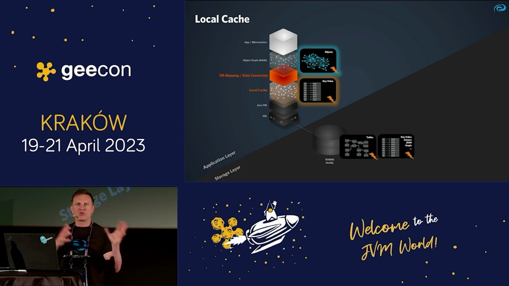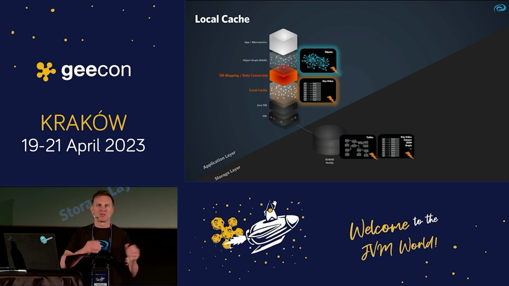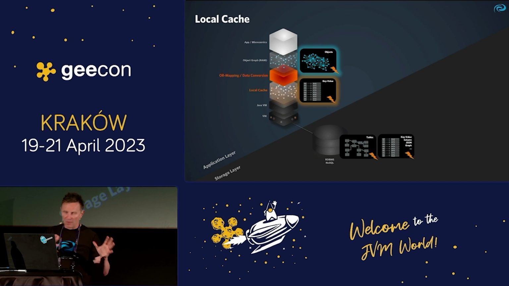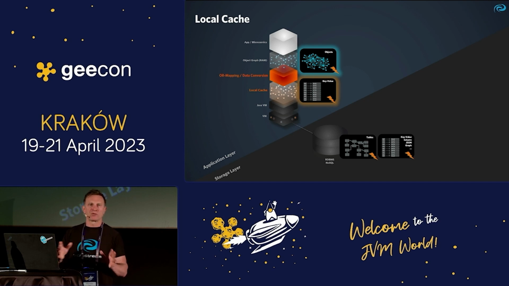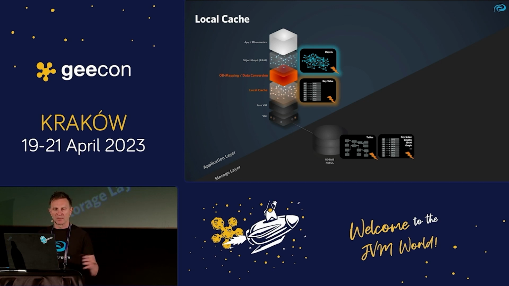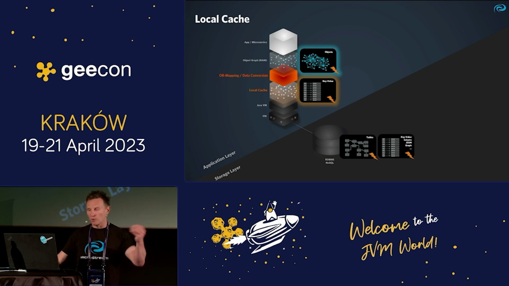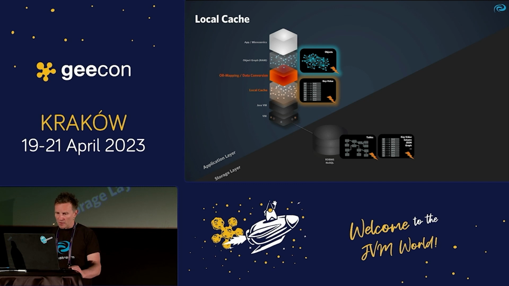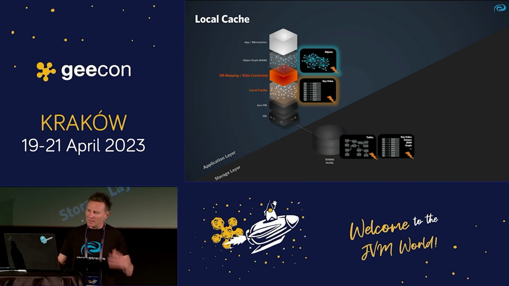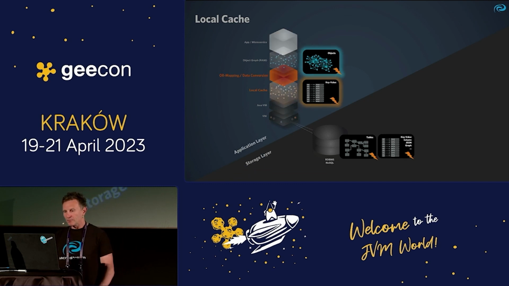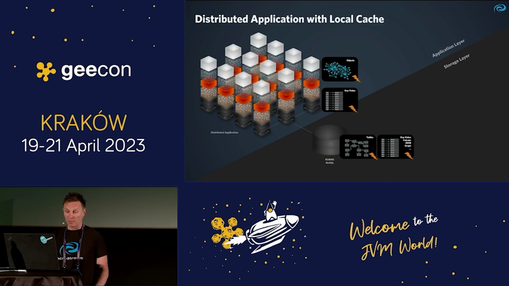If you measure how fast the Hibernate cache is, you will see it's not microseconds. The problem here is that the objects are serialized and have to be deserialized when you store them in the cache. So it's faster, but not incredibly fast. And we have some challenges here as well.